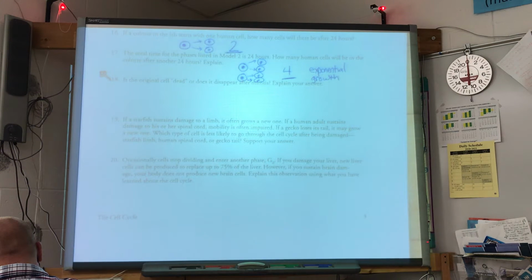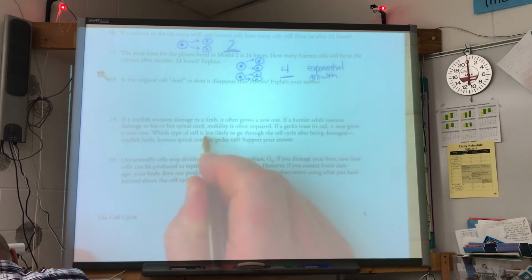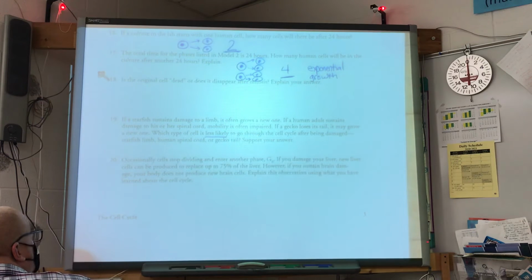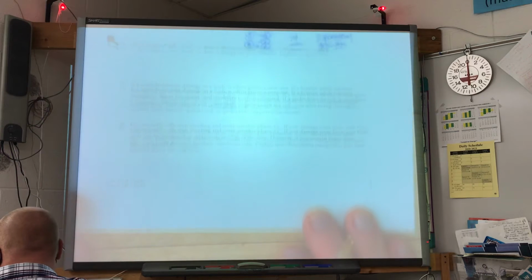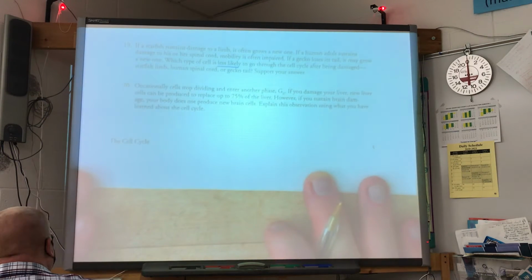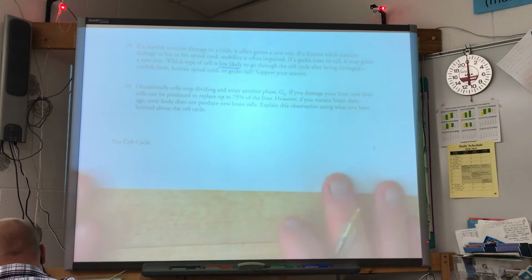Which type of cell is less likely to go through the cell cycle after being damaged? That's the idea of G0. Once a cell has gone through its process, it may go to G0 and rest. It'll hang out there and do its everyday functions. But some cells can come out of G0 and some can't.